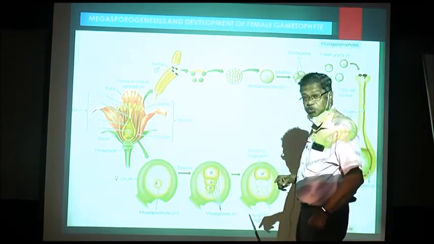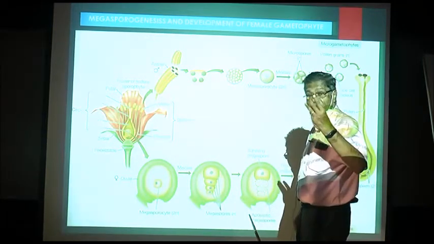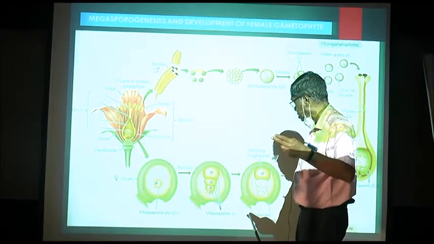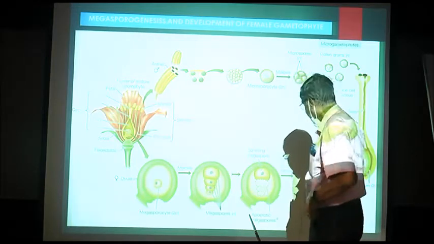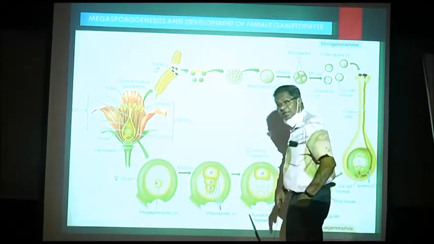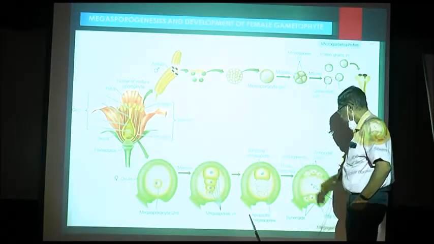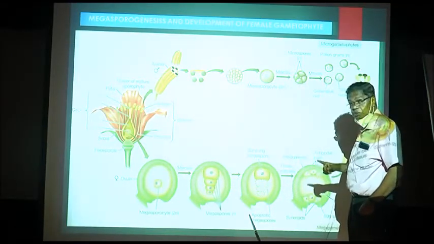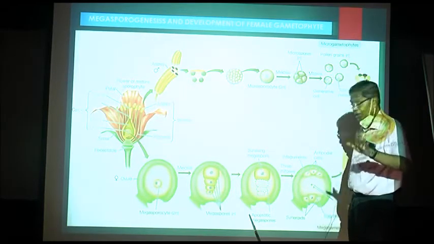This megasporocyte, like the microsporocyte, divides into 4 cells, and these 4 are haploid, of which generally 3 disintegrate and 1 remains. And this one megaspore develops into 8 nuclei.